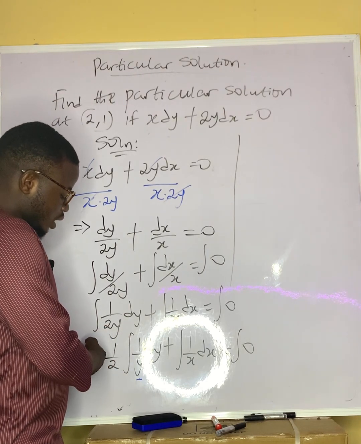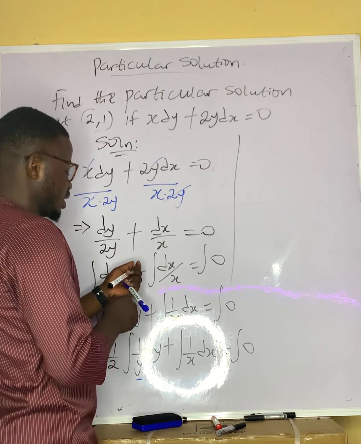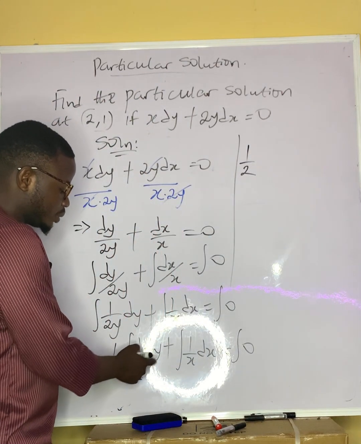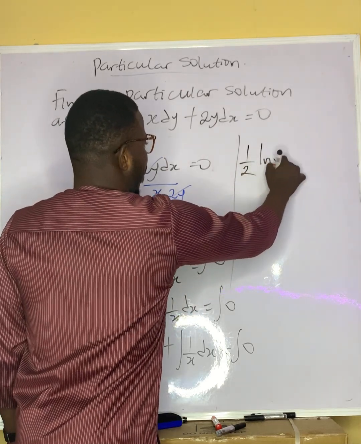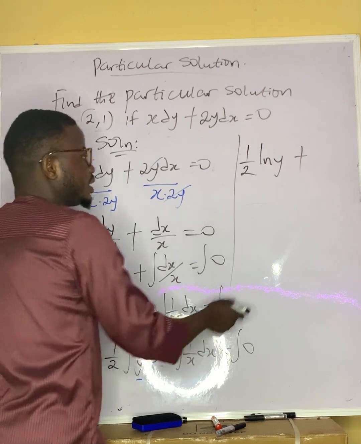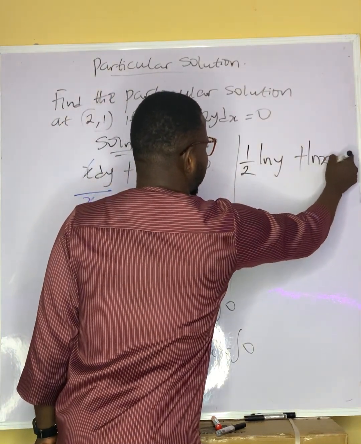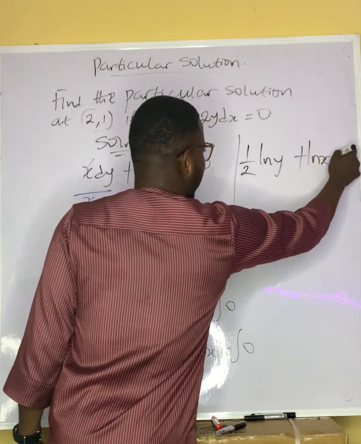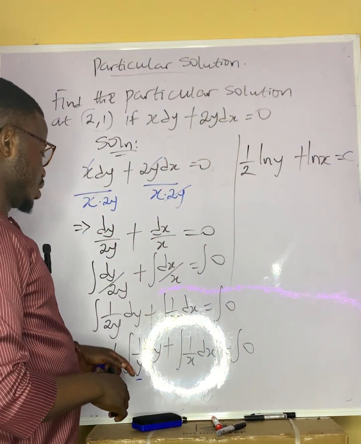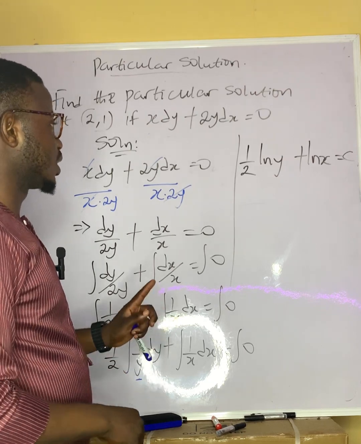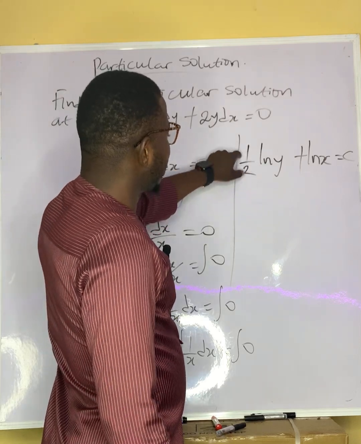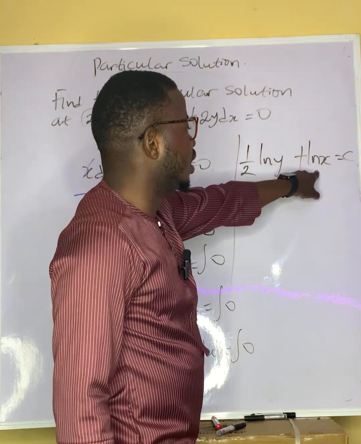So now from here we're going to have 1 over 2 outside there. Integrating 1 over y with respect to y will give us ln y, or we can say log y. Integrating 1 over x with respect to x will give us ln x. Now integrating 0 will give us the constant c. So now we have 1 over 2 ln y plus ln x equals to c.